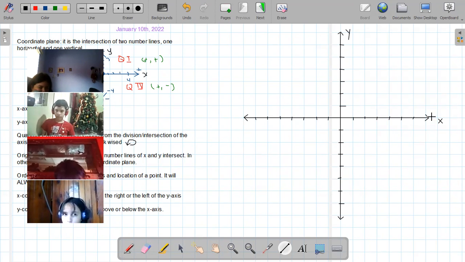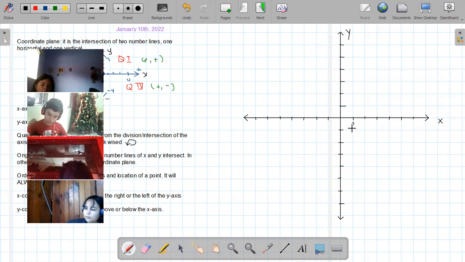Okay, so that's our coordinate plane, right? If I say for you, for example, graph the origin, where are you going to graph the origin? In the center. Right in the center, correct. So it is not necessary for you to write all the numbers, okay?